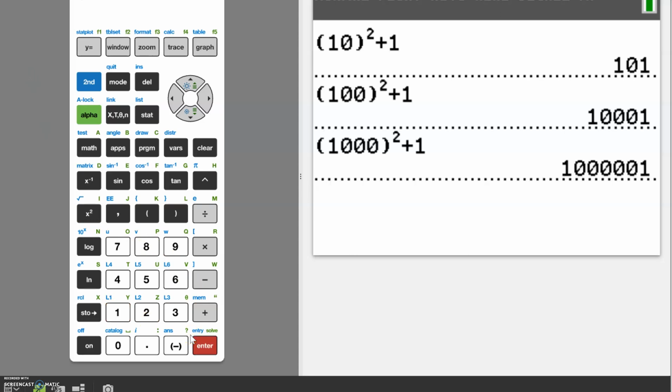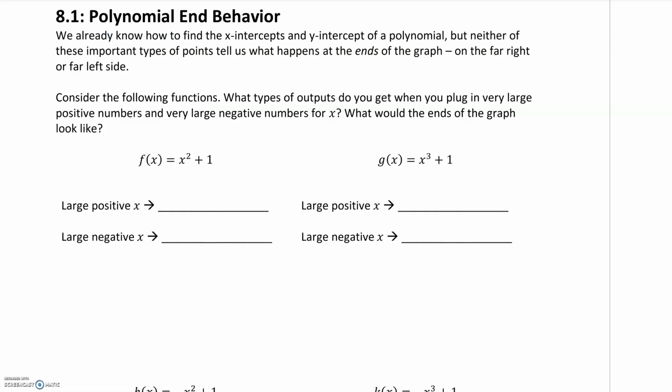Notice what's happening. I'm getting bigger and bigger and bigger positive values. Okay, so when I have very large positive values for my input, I'm going to get very large positive values for my output.